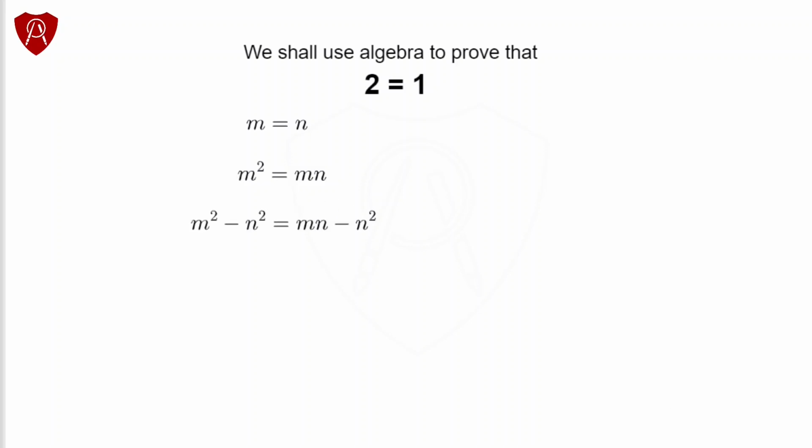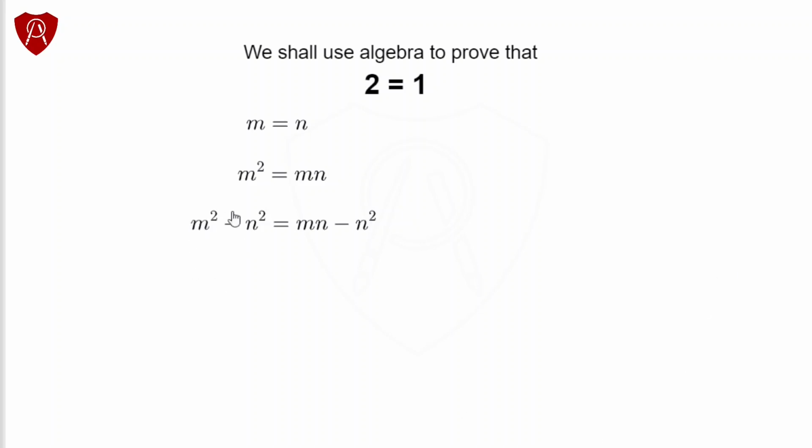We then subtract n squared from both sides. And the rules of algebra are not broken so long as we perform the same operation on both sides of the equation. So far, we are following all the rules of mathematics and algebra.